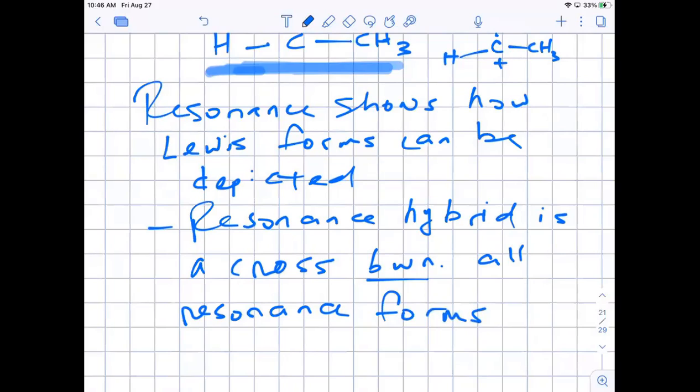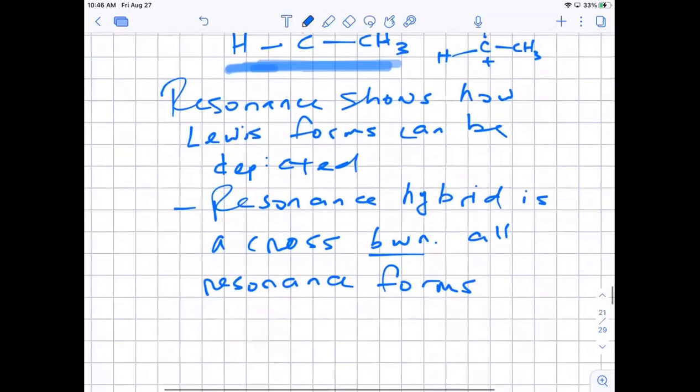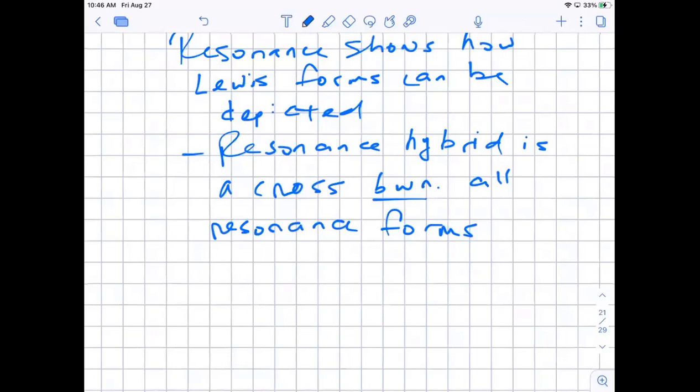Another aspect of resonance is not just depicting Lewis structures, but also stability. Resonance as a noun is a depiction, but resonance as a verb is delocalizing or moving electrons around to make a molecule more stable. So I'm gonna show you that too.